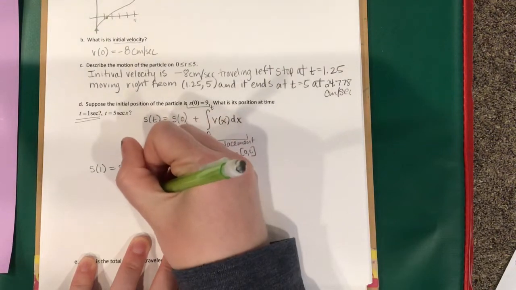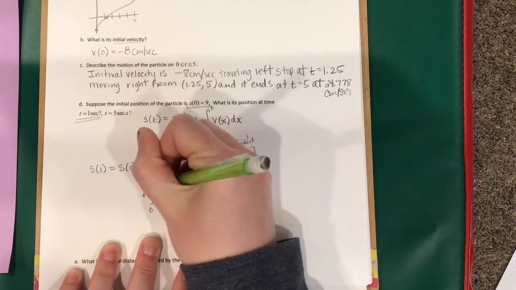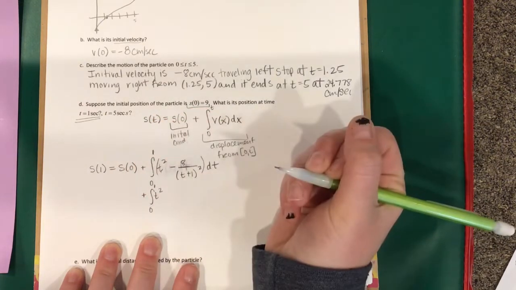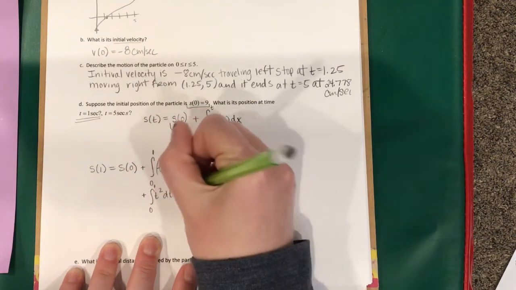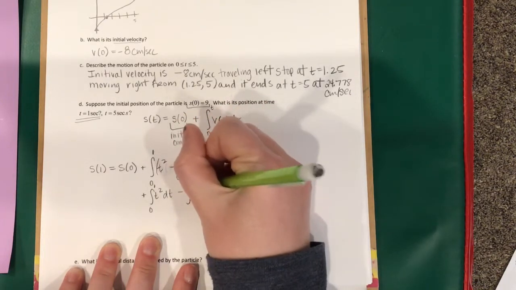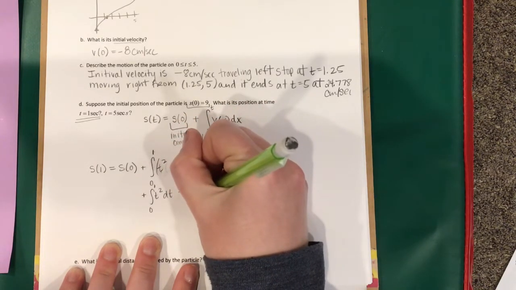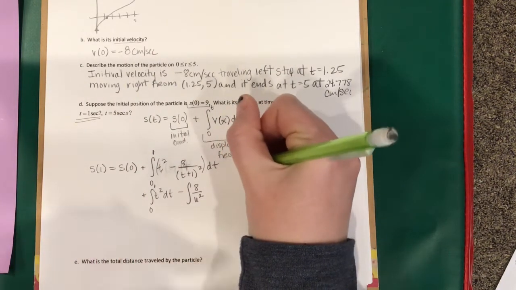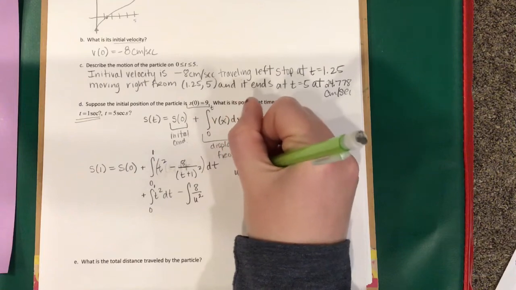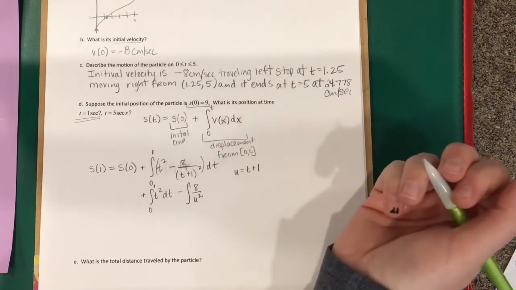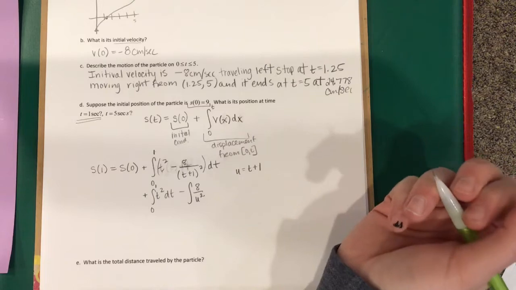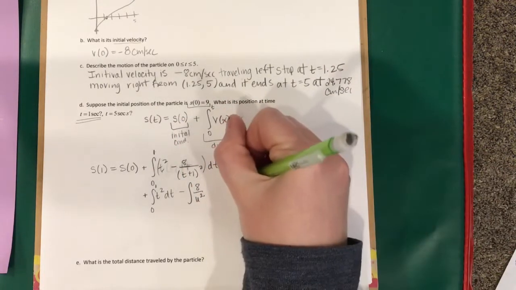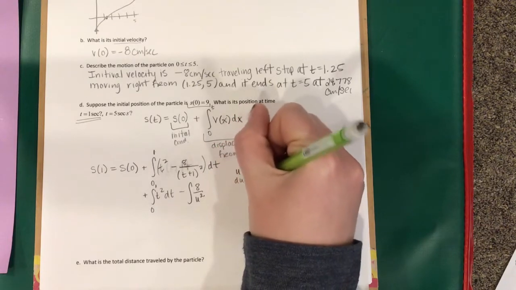So I can rewrite this as the integral from 0 to 1 of t squared dt minus the integral of 8 over u squared. And so let's let u equal t plus 1. My inner function du is going to equal 1 dt.